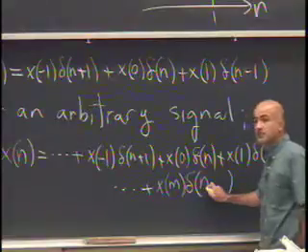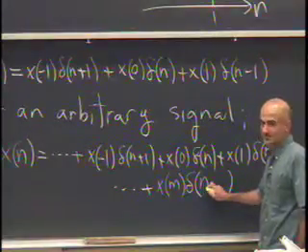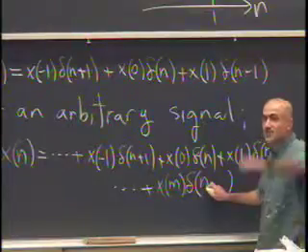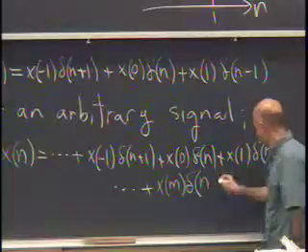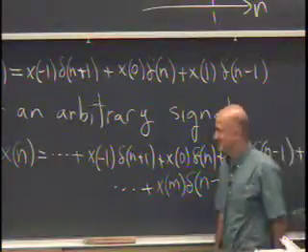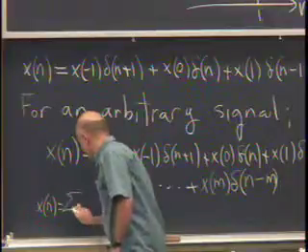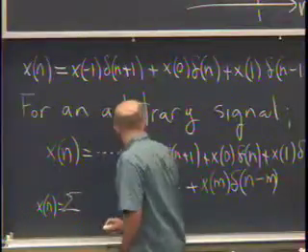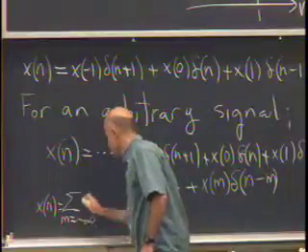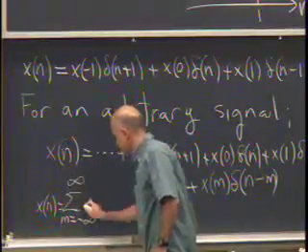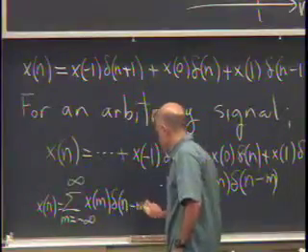N minus m or plus m? Minus m? Plus m? Very good. I take great joy in throwing monkey wrenches your way. So I can write it in terms of an infinite sum: x of m delta n minus m.